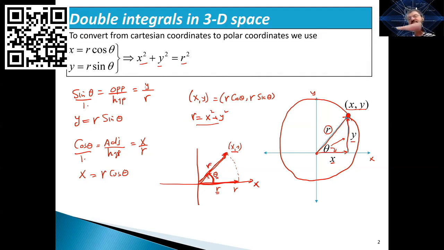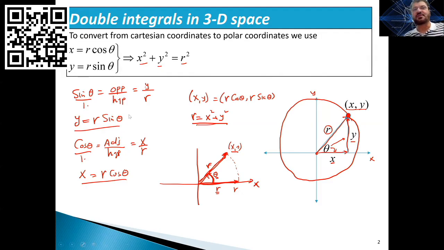Find theta and take this r from the x-axis with theta equal to something, and then this will take you to the point x and y. And this is, guys, how we convert the point x and y into polar coordinates. So x and y is called the Cartesian coordinate, and we can convert it to the polar coordinate by finding two things, r and theta. How do I find r? This one. How do we find theta? You can use these identities to find theta. I will show you in the examples.